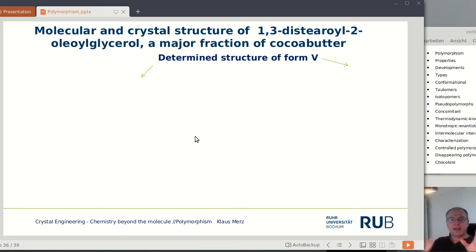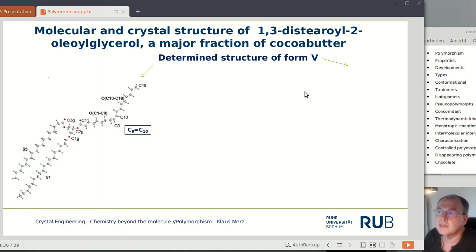And from this glycerol, different polymorphs are also well known. And if you look to the crystal structure, well, you will see the form 5 could be crystallized. They were able to determine the crystal structure. The molecular structure of the form 5 looks like here.